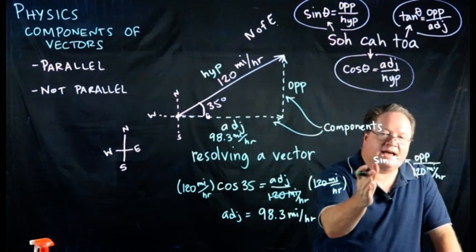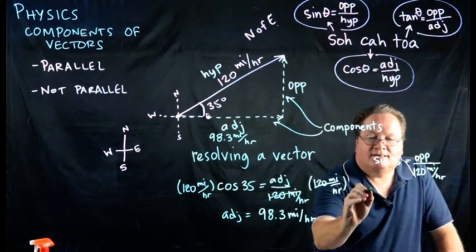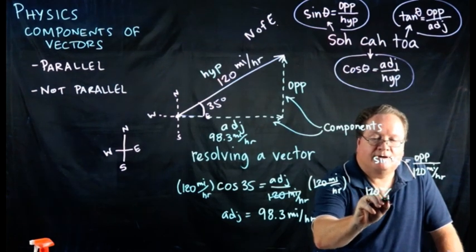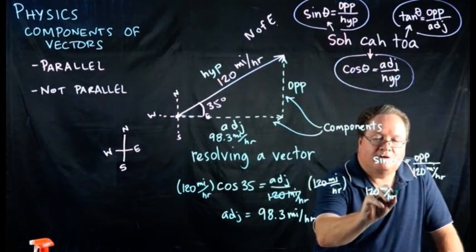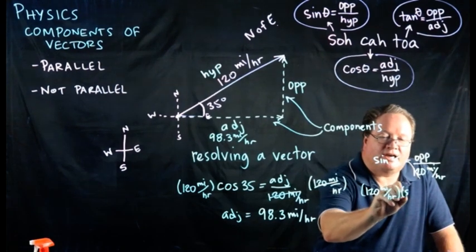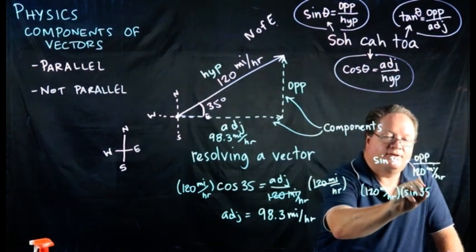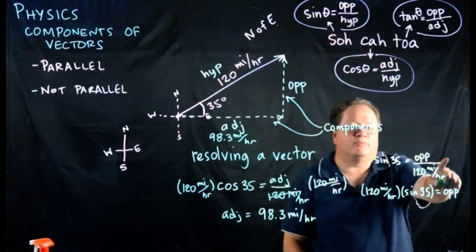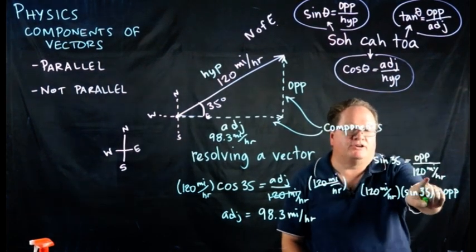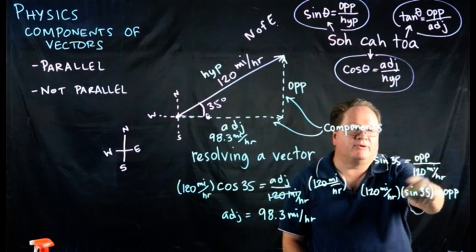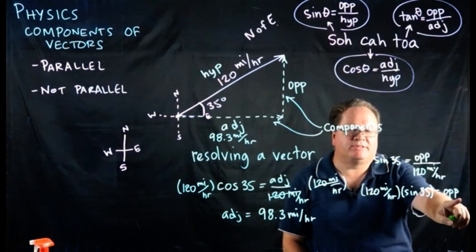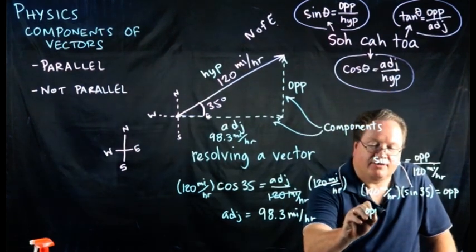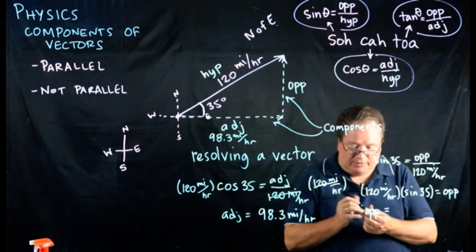If I do my algebra, I get that 120 miles per hour times sine of 35 equals the opposite side. Again, all I did here was I multiplied both sides by 120 miles per hour. That would cancel it on this side, leaving me opposite, and leave me that on the other side. So if I do that math, and this is why we use calculators.